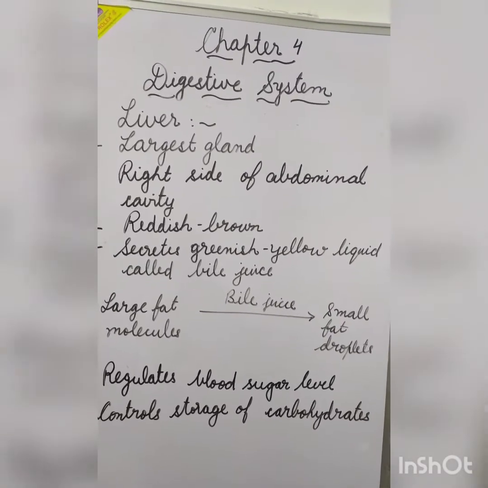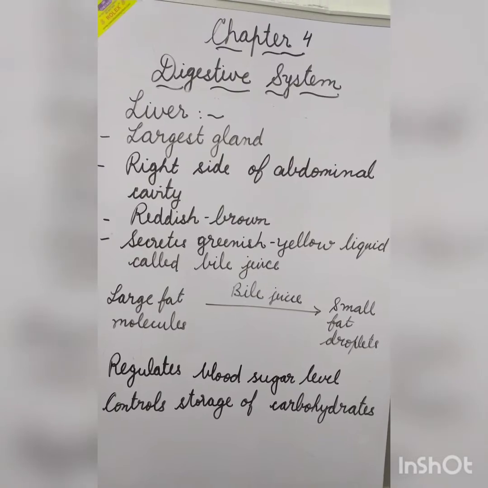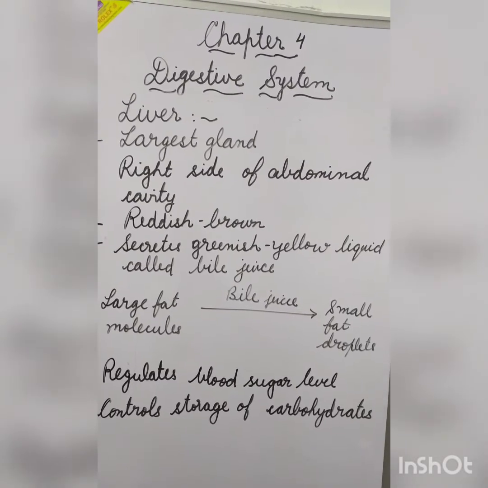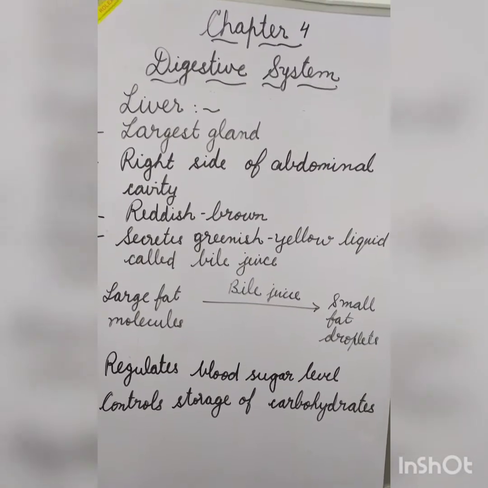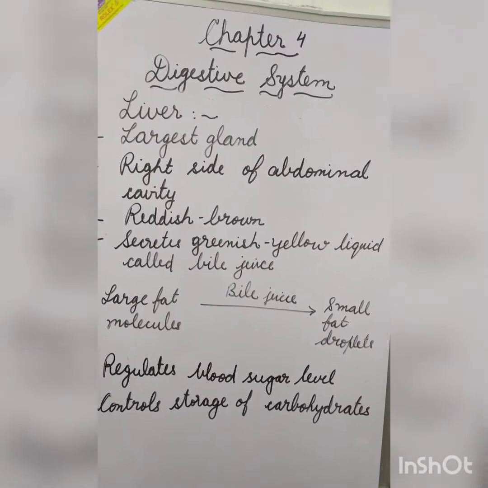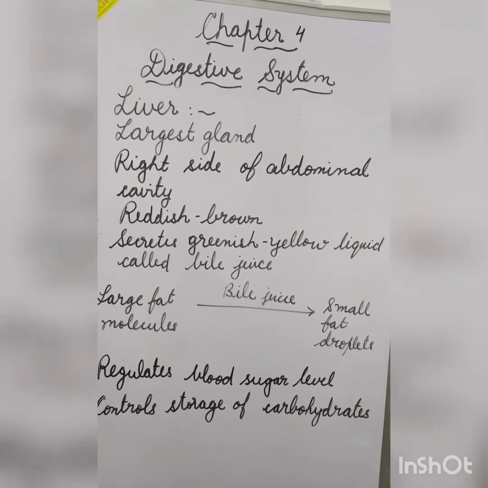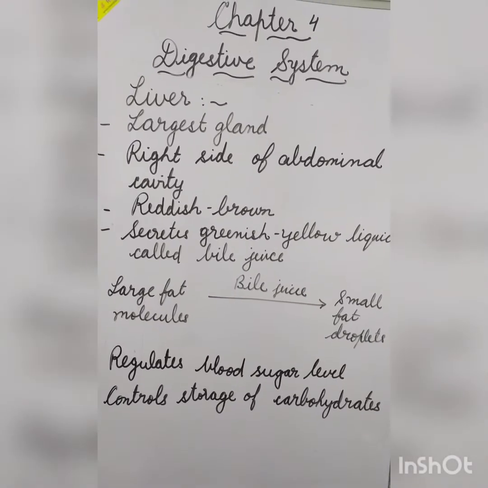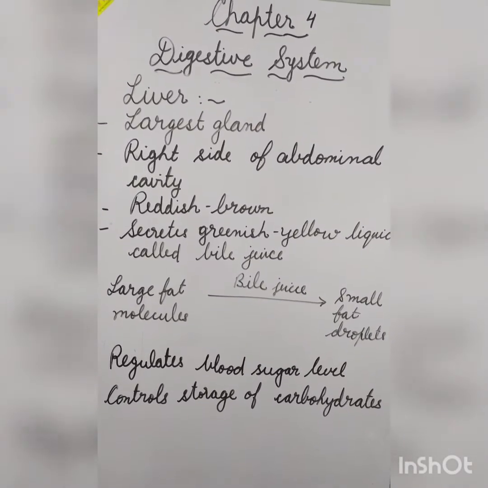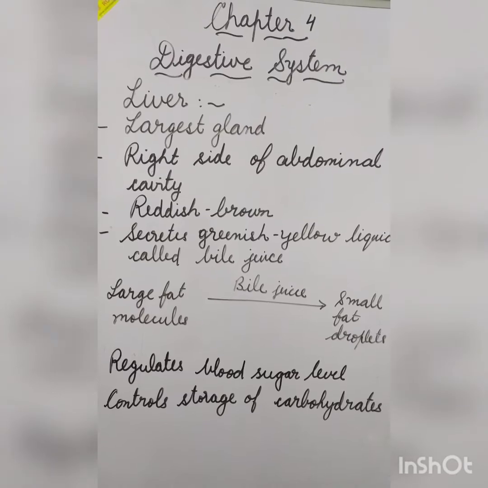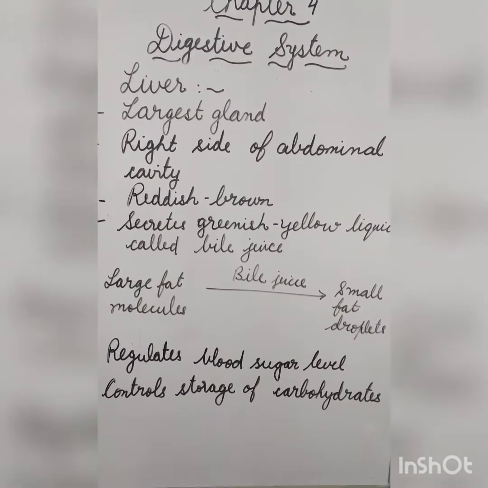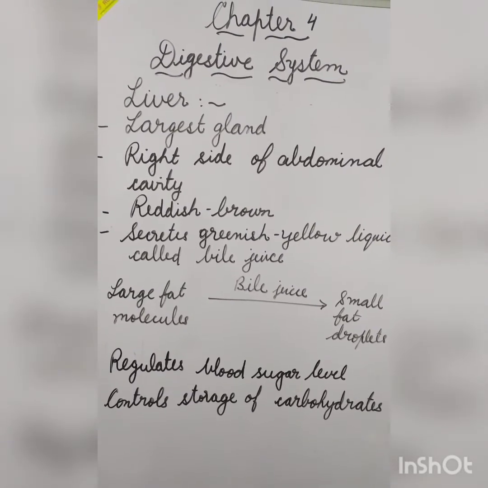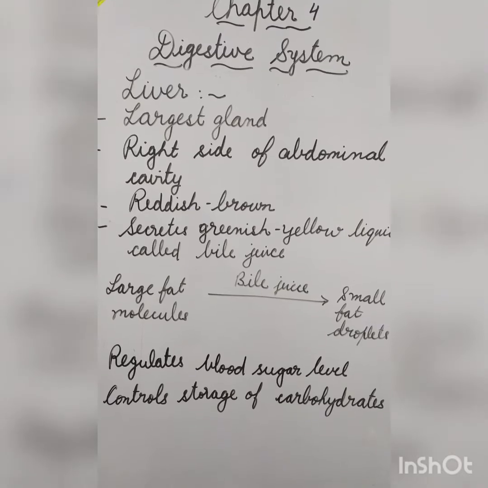The bile juice helps to break down the large fat molecules into small fat droplets to make the digestion of fat easier. The liver also regulates the blood sugar level and controls the storage of carbohydrates.